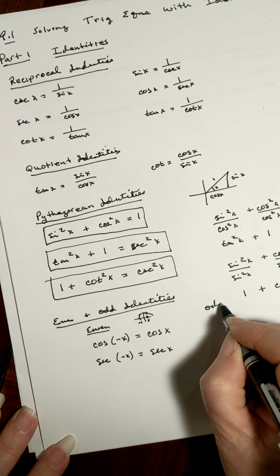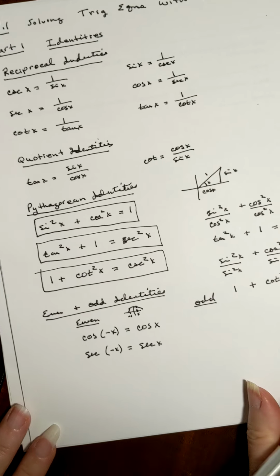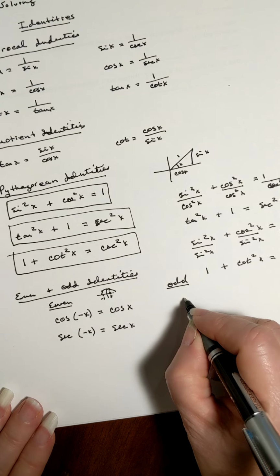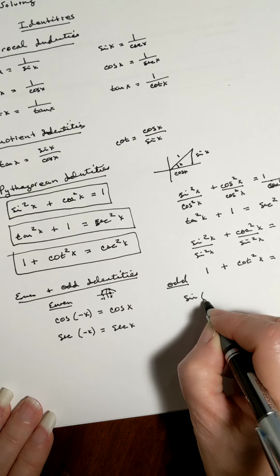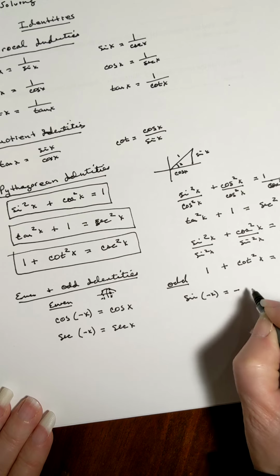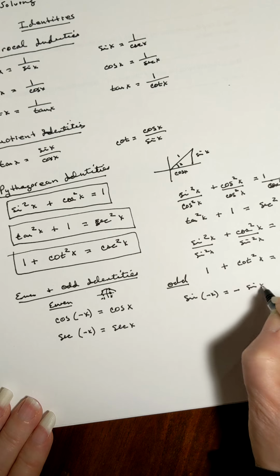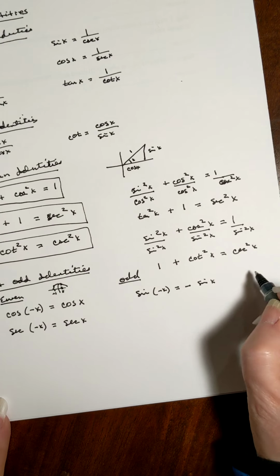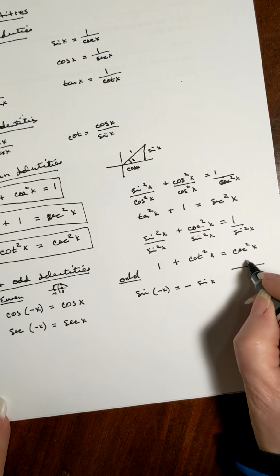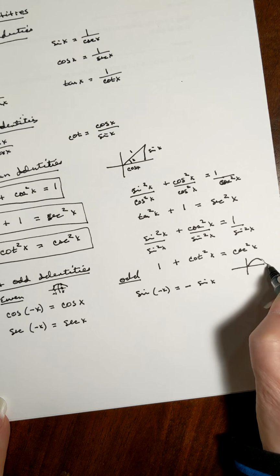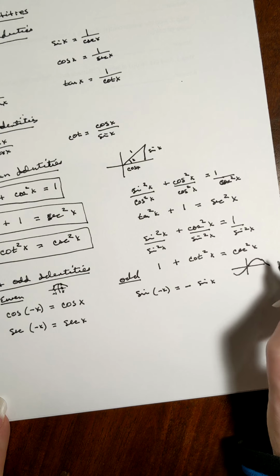Then let's look at the odd functions. All the rest of them we said were odd functions. And so if I have the sine of negative x, that's going to be equal to the negative of the sine of x. And again, if I remember my sine function and what it looks like, this and keeps going here and keeps going here.